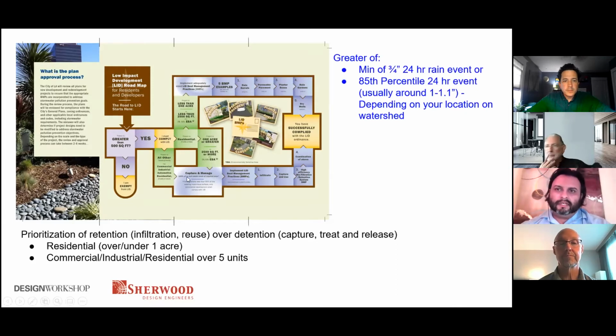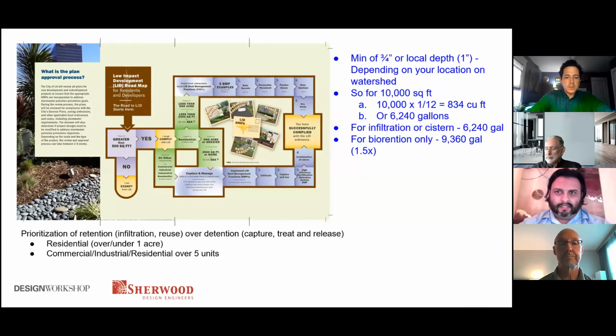And then looking at what that begins to look like, it's typically the minimum 3/4 inch 24-hour rain event, or the 85th percentile 24-hour event. Typically for planning purposes, at the initial planning stages, we just multiply the first 1 inch of storm over the entire site.